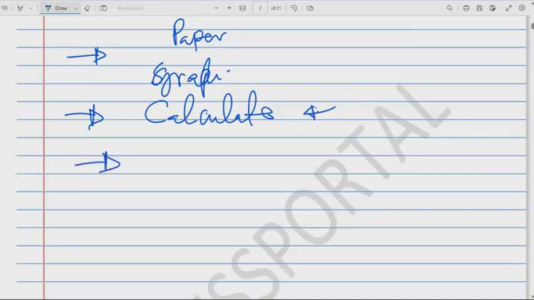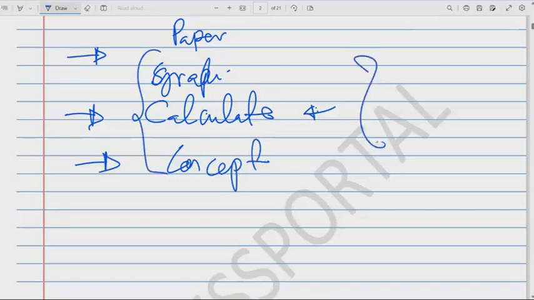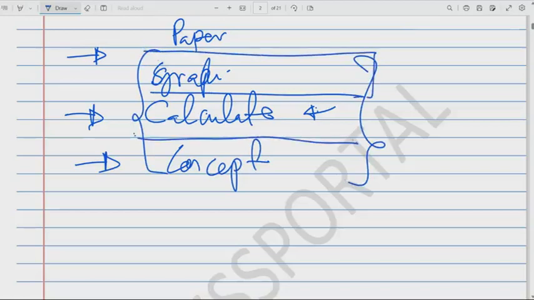Being able to explain concepts and theories in economics. If you can be good at these, you have a better chance of passing this exam with flying colors. Graphs are a must to know, right? To sketch a graph and interpret it. A little bit of calculations, not a lot, but a little bit will also be required.